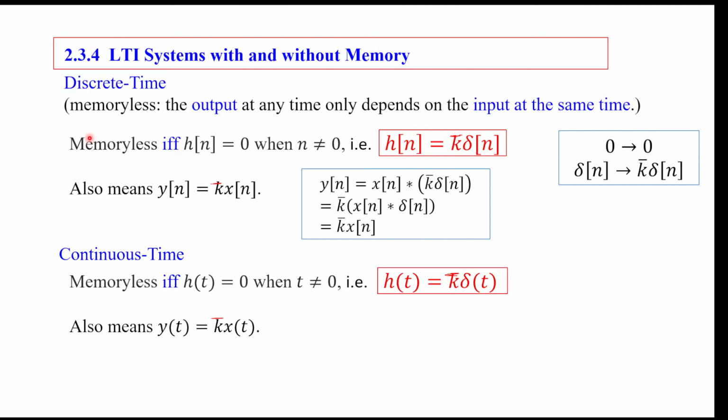If you want to determine whether an LTI system is memoryless or has memory, you just look at its impulse response. If it's memoryless, the impulse response must look like a constant times the delta function, and the constant here we'll just call k bar.